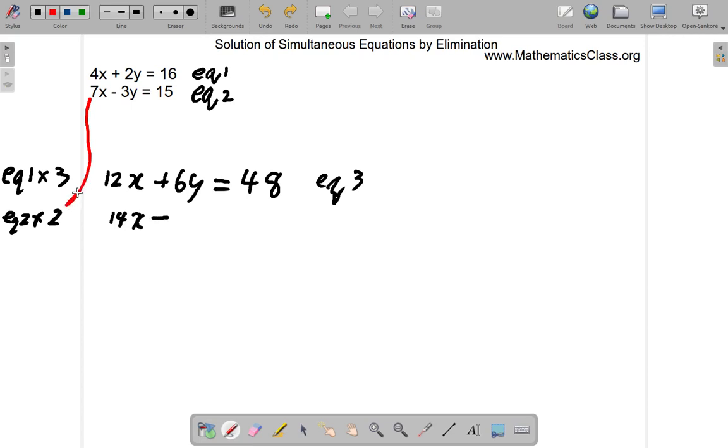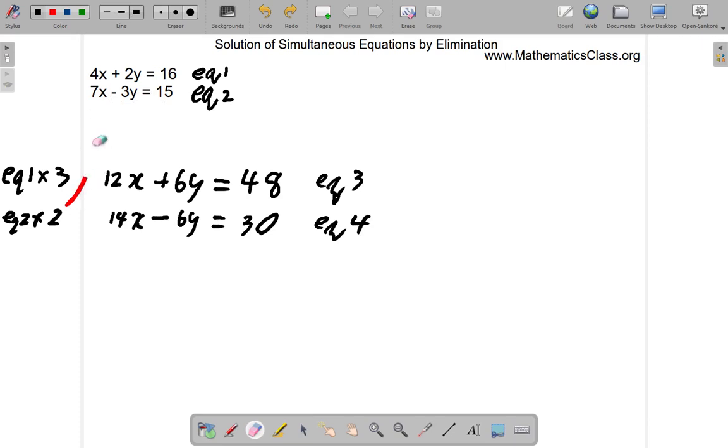The 2 multiplies the 3. 2 times 3 is 6y. Equals, and then the 2 multiplies the 15. 15 times 2 is 30, and let's call this equation 4. Nice. Equations 3 and 4.